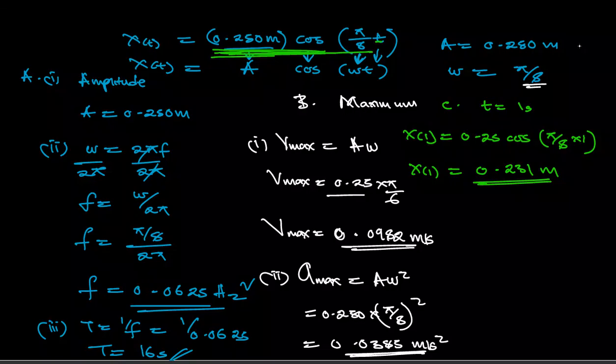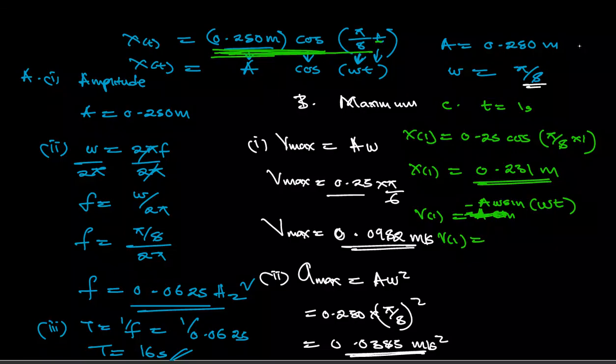What about the velocity? The velocity at time equal to 1: the velocity is negative amplitude, then omega sine omega t. So it's just a matter of replacing all the necessary things.